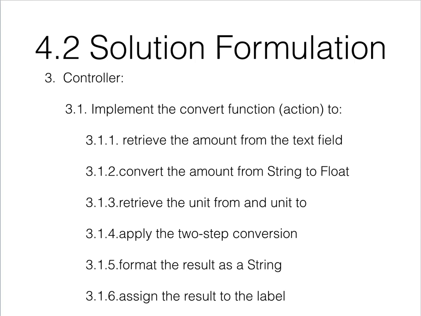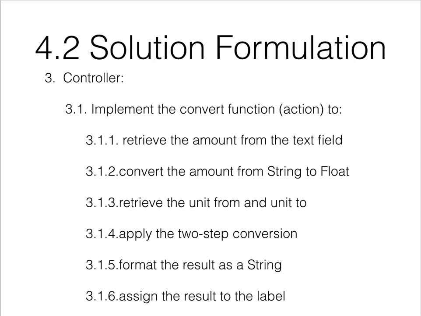When the user clicks the button, the operating system will notify this function, and then the following steps will be done. First, we're going to need to retrieve the amount from the text box, the text field. Be careful because the amount we retrieve from the text field will be retrieved as text, as a string.